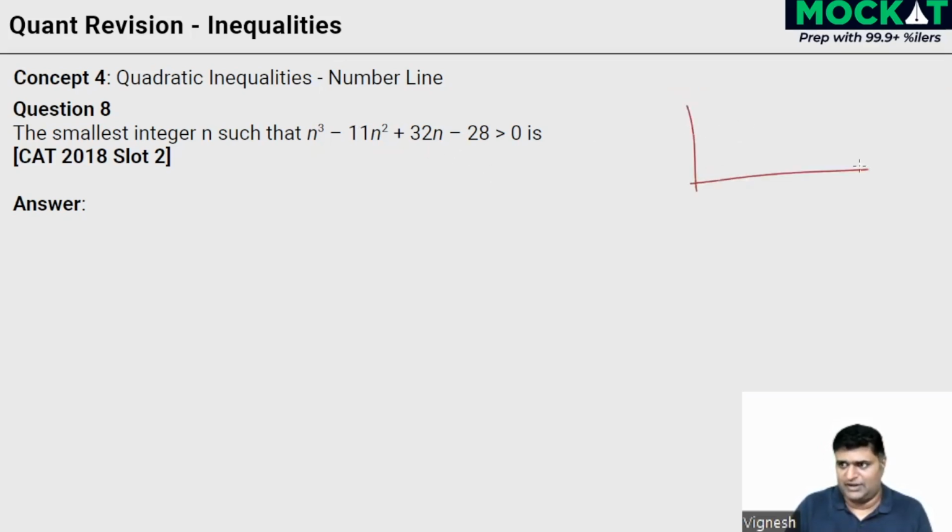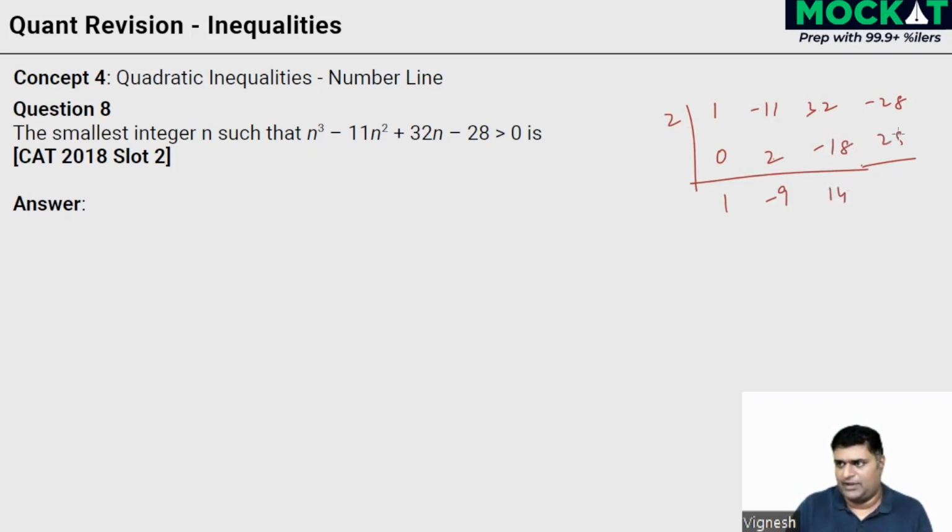We can use synthetic division over here. Write the coefficients down: 1, minus 11, plus 32, minus 28. And what do we get here? 2. First up, we have to put 0 and keep adding. 1 plus 0 is 1. 2 into 1 is 2. Minus 9, if you add it up, multiply with 2, you get a minus 18. Add it up, you get a plus 14.